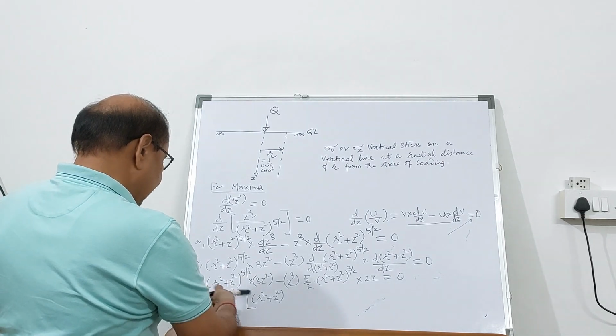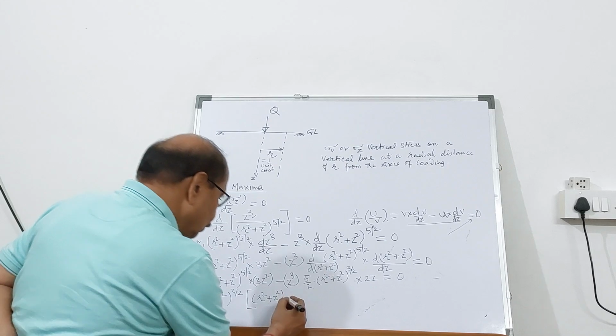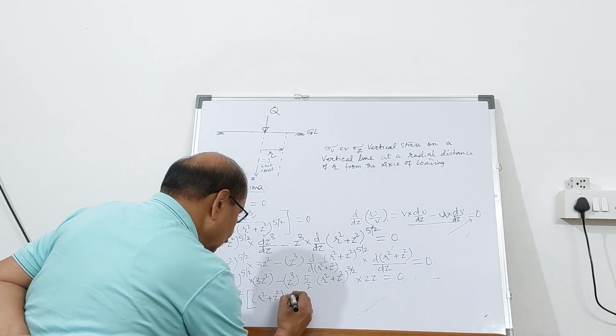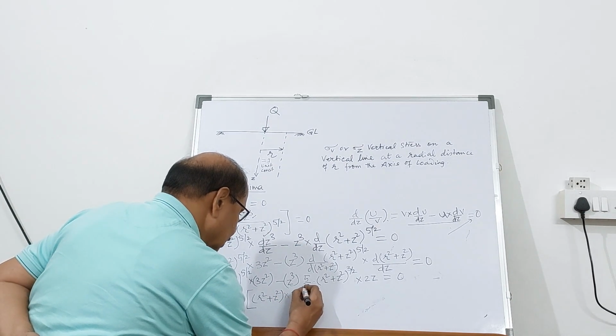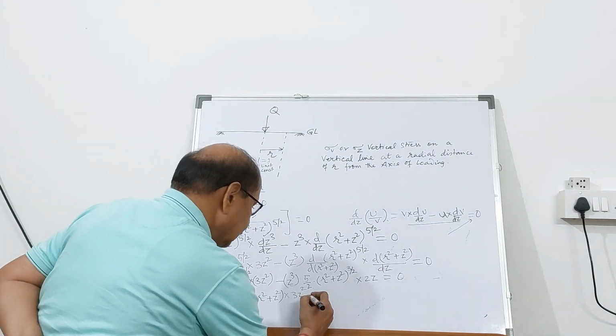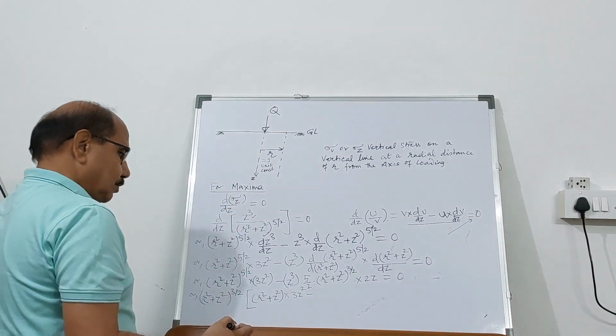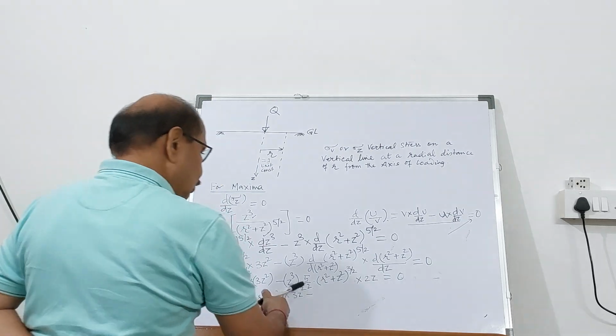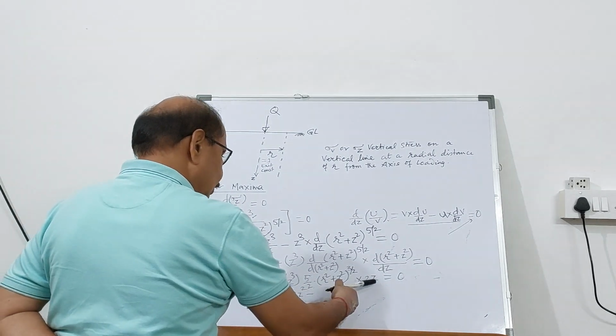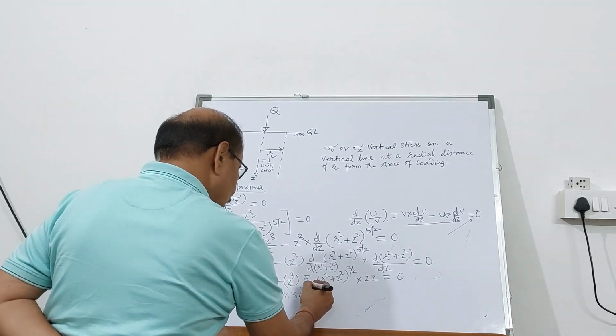So here remains this into 3 times z square minus, now this is z cube, and this 2 goes out.